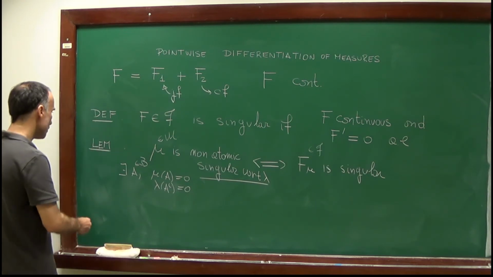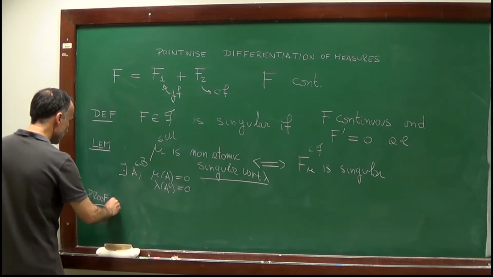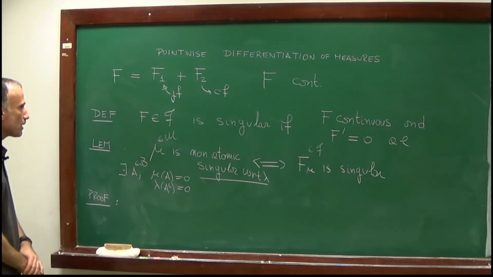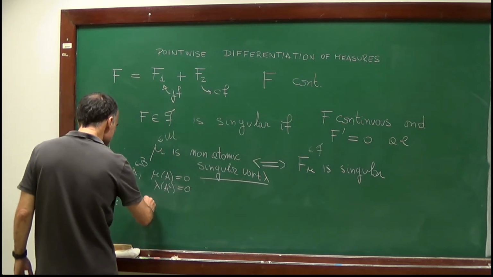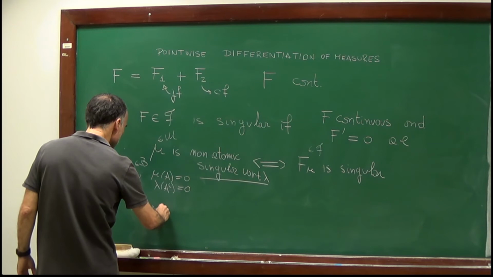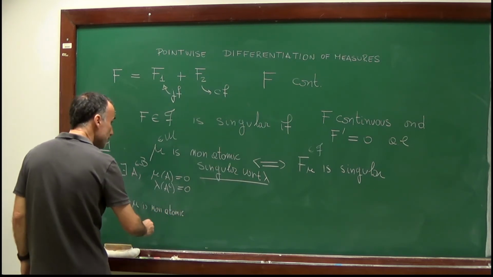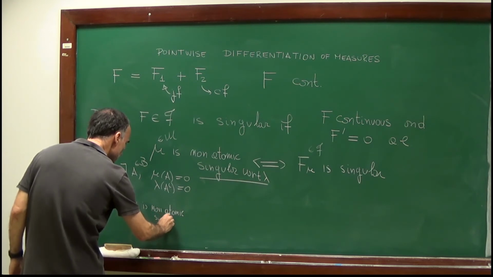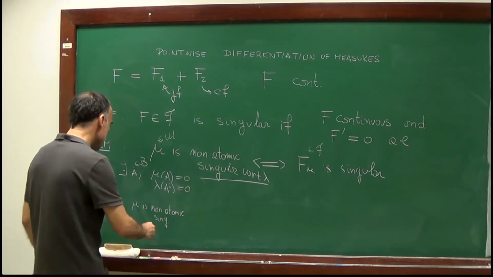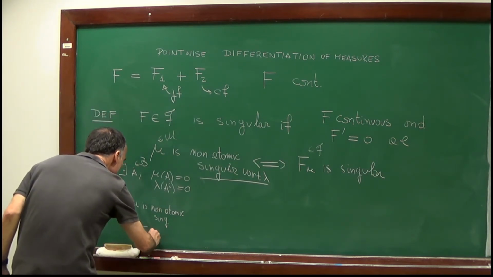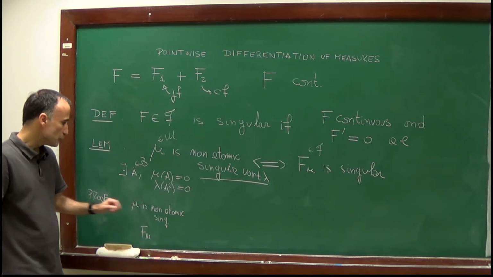So let's prove this lemma. So let's assume first that mu is non-atomic and singular. Okay, we've seen that if mu is non-atomic, so let me represent by f of mu the monotone function associated to mu.